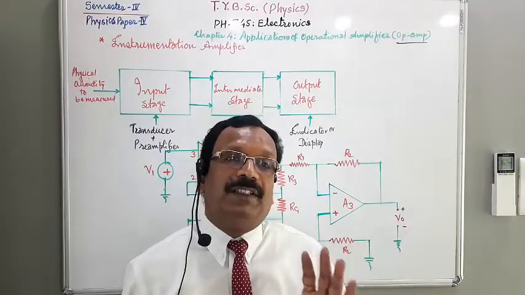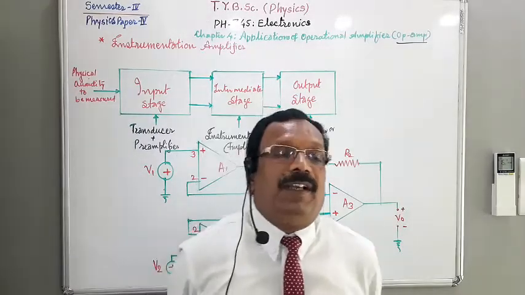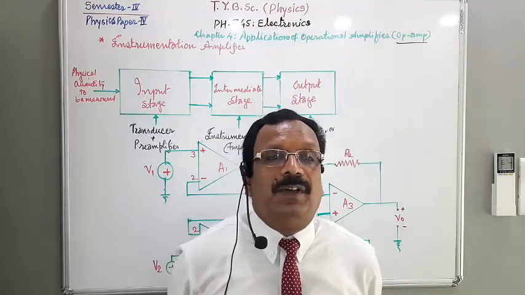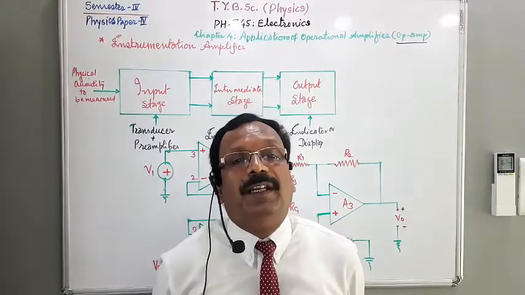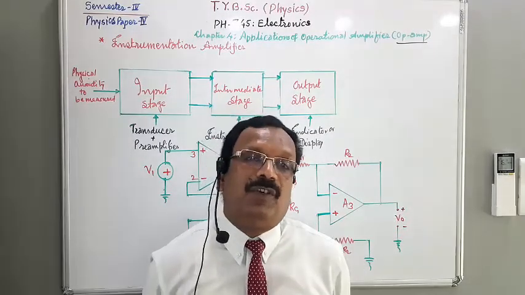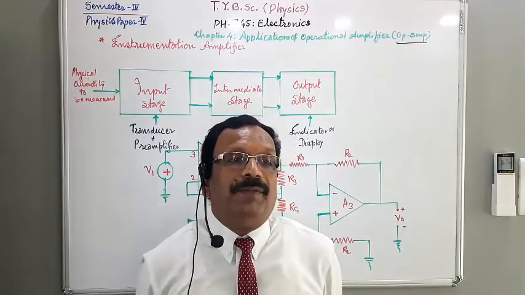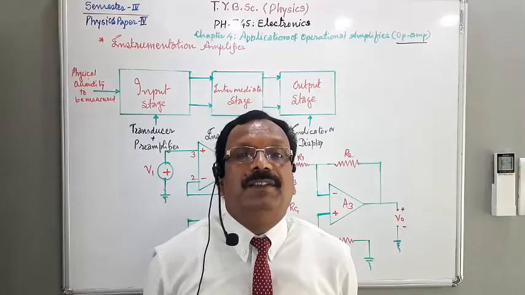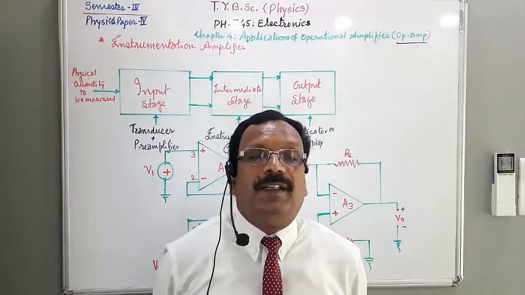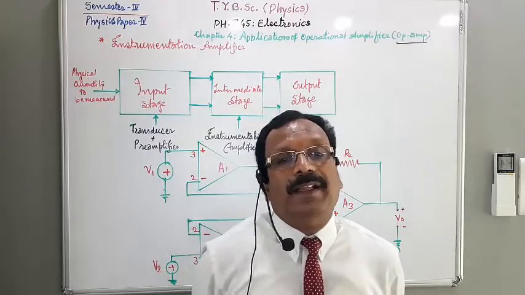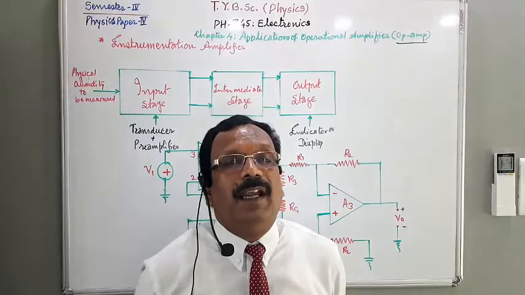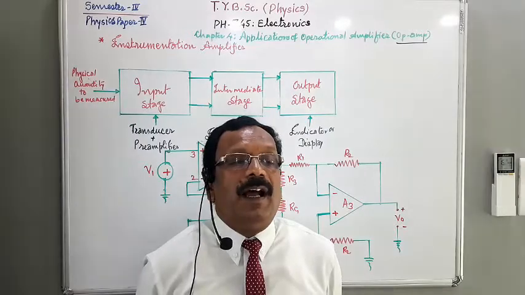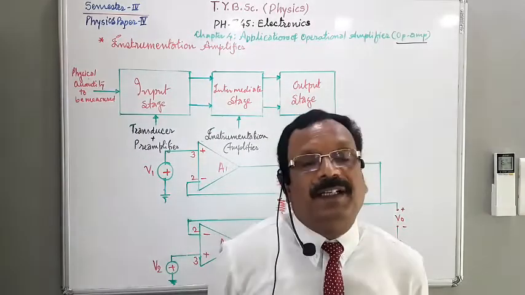So we should know what the use of an instrumentation amplifier is. It is an amplifier used in electronic instruments for accurately measuring certain physical parameters or quantities. Such an amplifier must have certain characteristics like high gain, high input impedance and low output impedance. It also has a high common mode rejection ratio, etc.